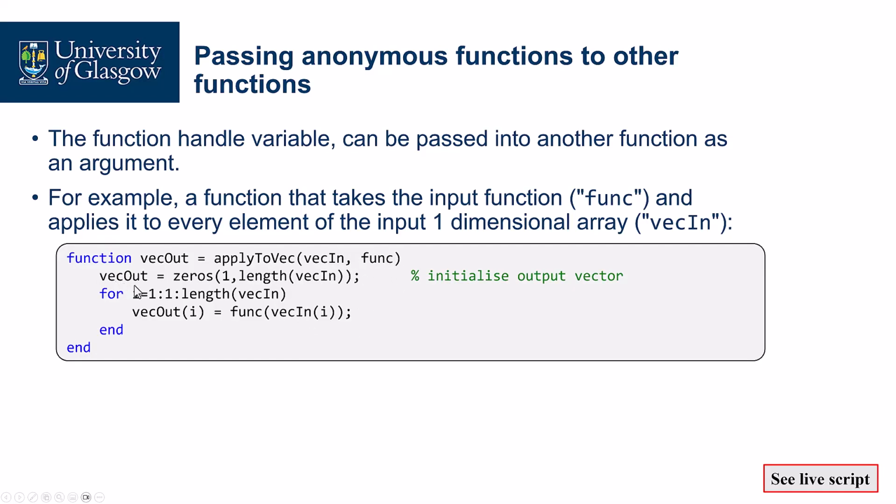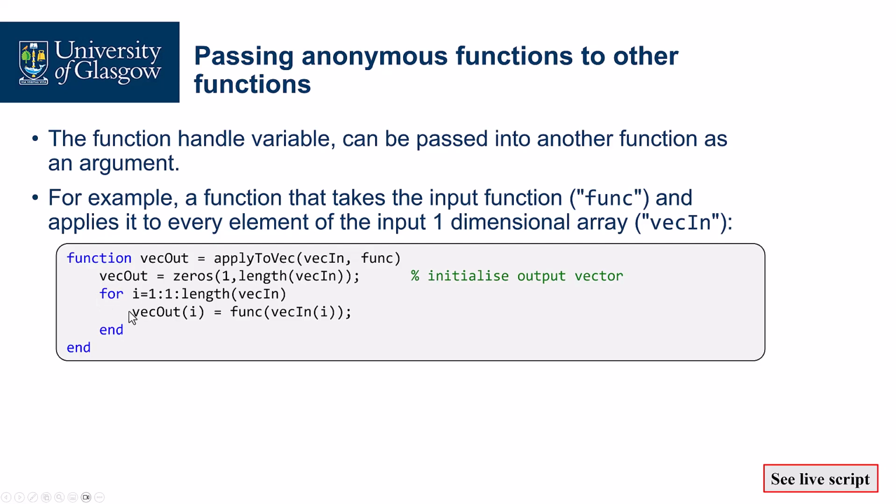First line, vec_out equals zeros(1, length(vec_in)). The length function we haven't discussed before. This means we get the number of elements of a vector. For more details, you can check the MATLAB help file. With this size, we provide a zero matrix, so vector out is initialized as all zeros. Then a for appears.